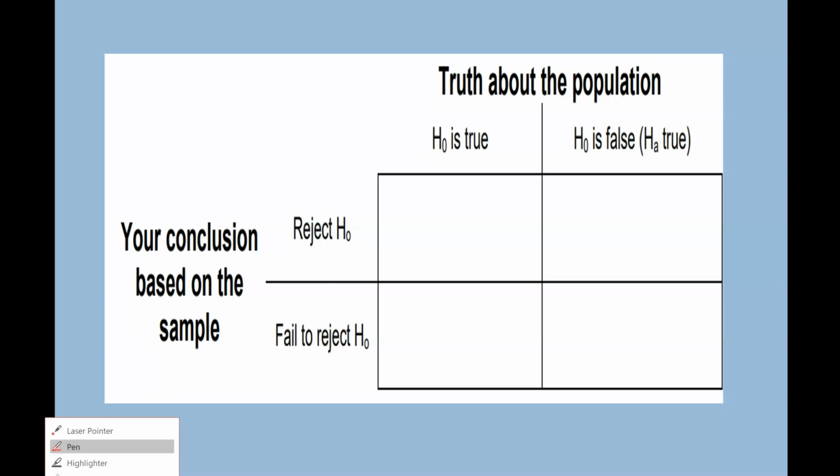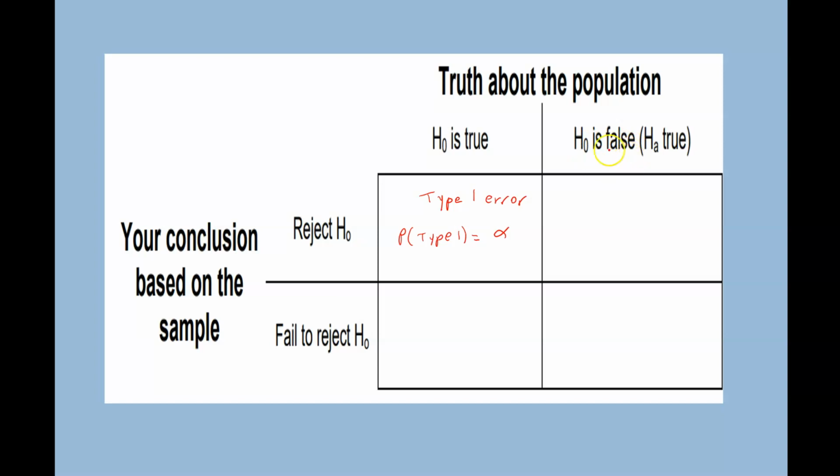So if you reject the null and the null is true, that is a type 1 error. And the probability of having a type 1 error is based upon your rejection region, and you reject based on alpha.